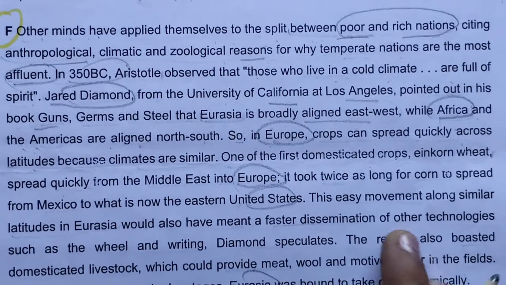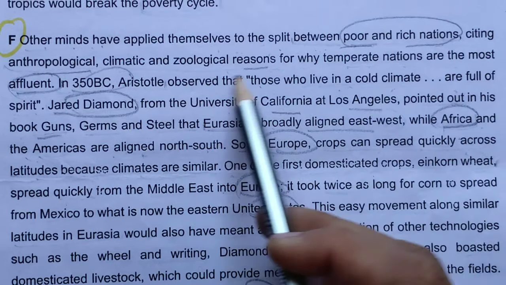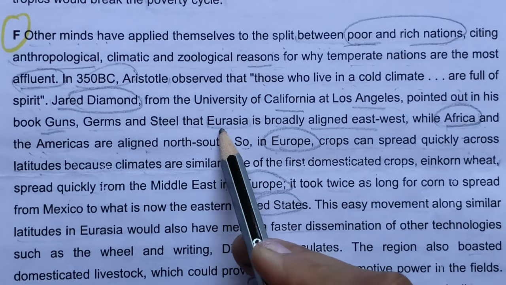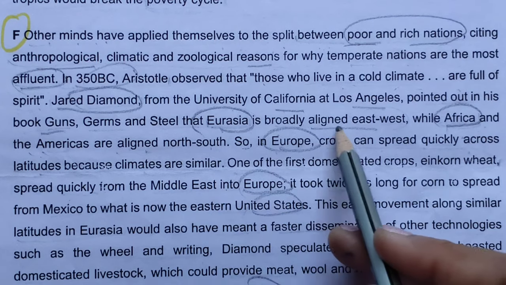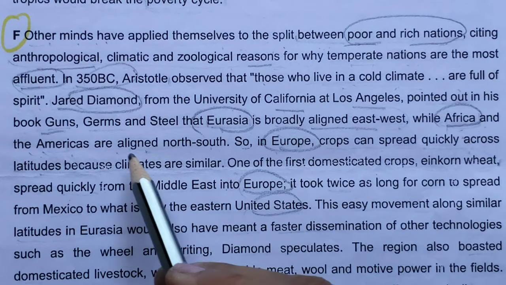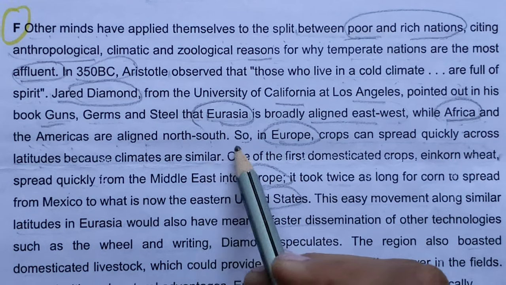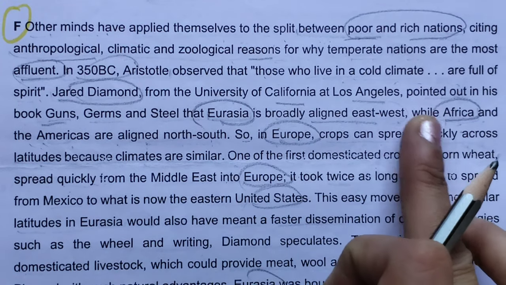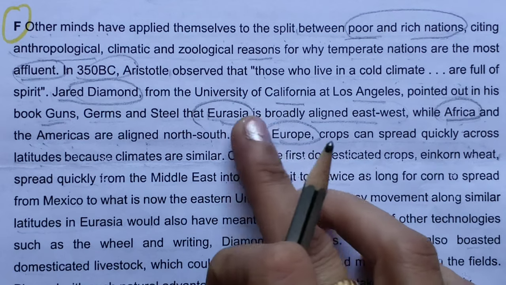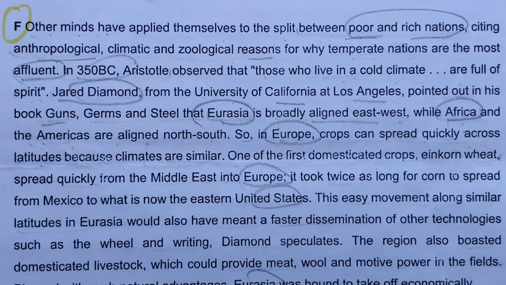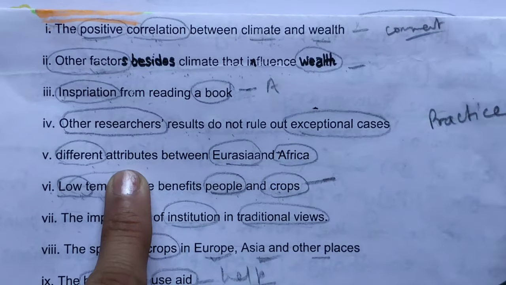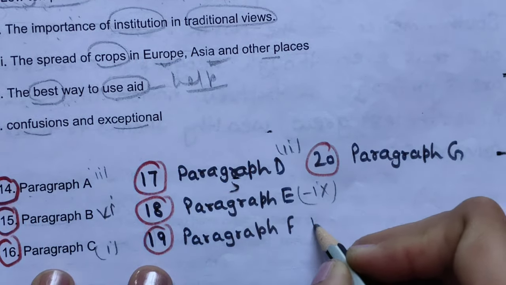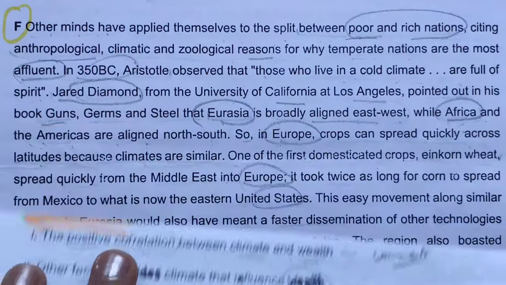So Eurasia here is broadly aligned east-west, while Africa and the Americas are aligned north-south. So different types of things are there. We have got two words, and they are talking about some distinction between these two areas. So we can select different attributes between Eurasia and Africa with F number is 5th number. Now paragraph G, the last one, is left.